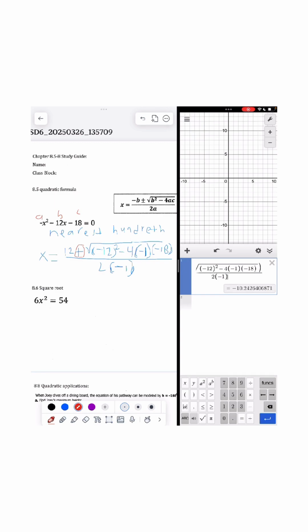All right, so one of my x's is going to be x equals negative 10.24. Remember, we round to the hundredths place value.